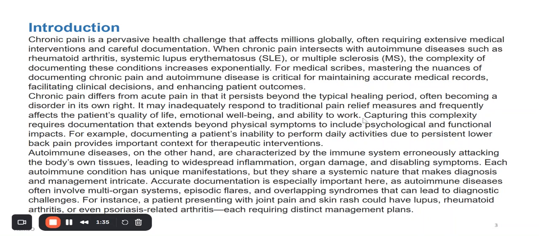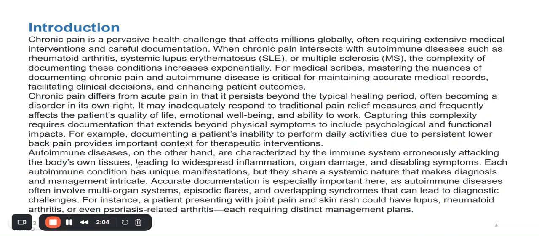Capturing this complexity requires documentation that extends beyond physical symptoms to include psychological and functional impacts. For example, documenting a patient's inability to perform daily activities due to persistent lower back pain provides important context for therapeutic interventions.